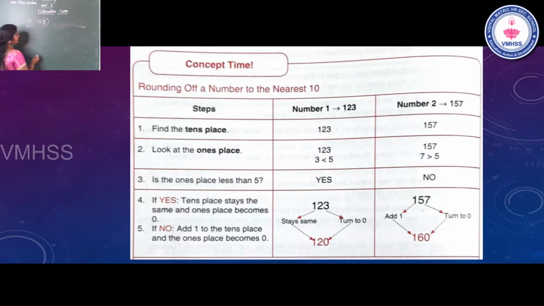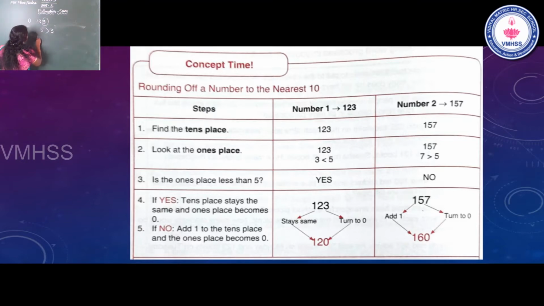So, compare 3 and 5, it is less than 5. Okay. So, if yes, tens place stays the same, ones place becomes 0. Okay, ones place becomes 0.